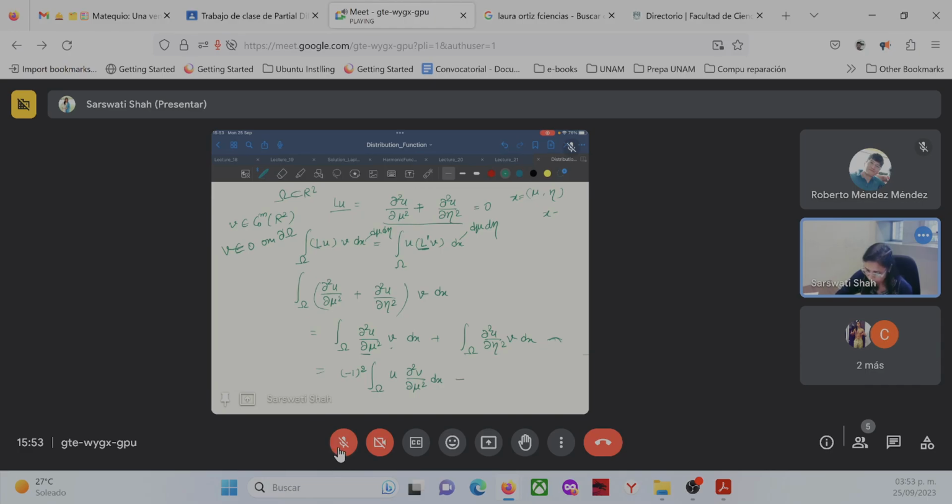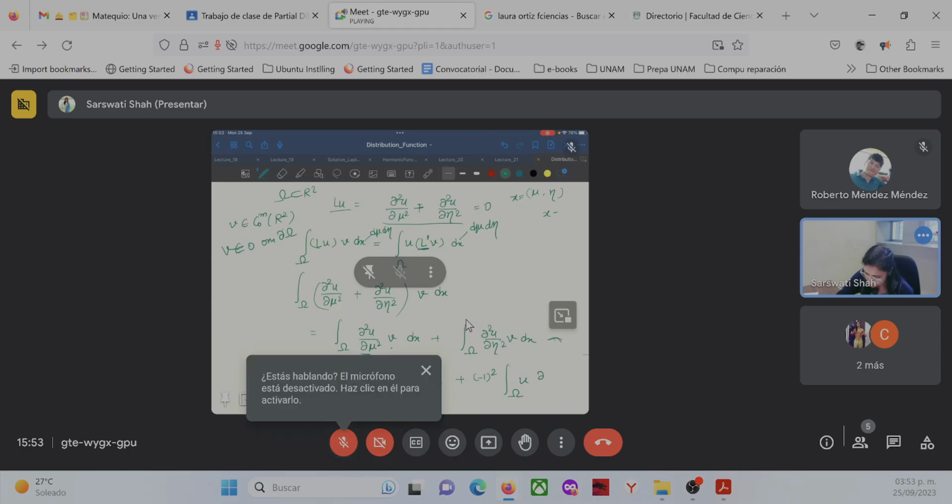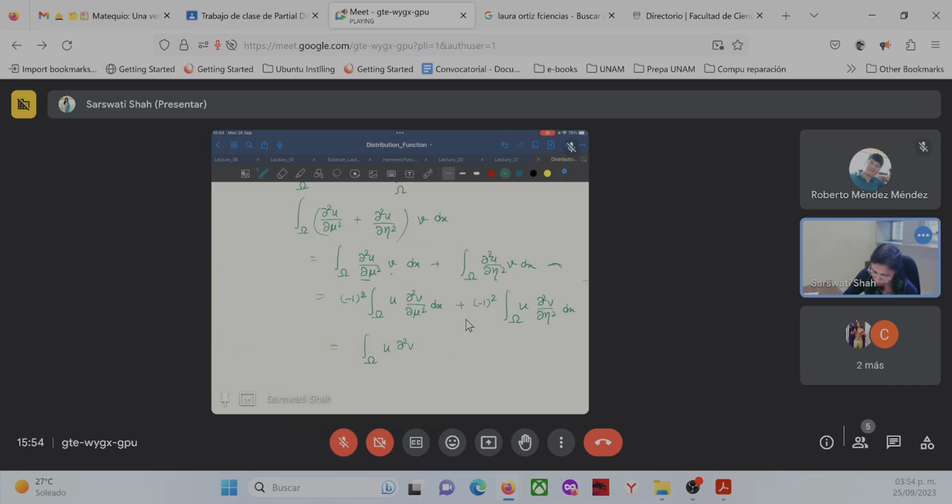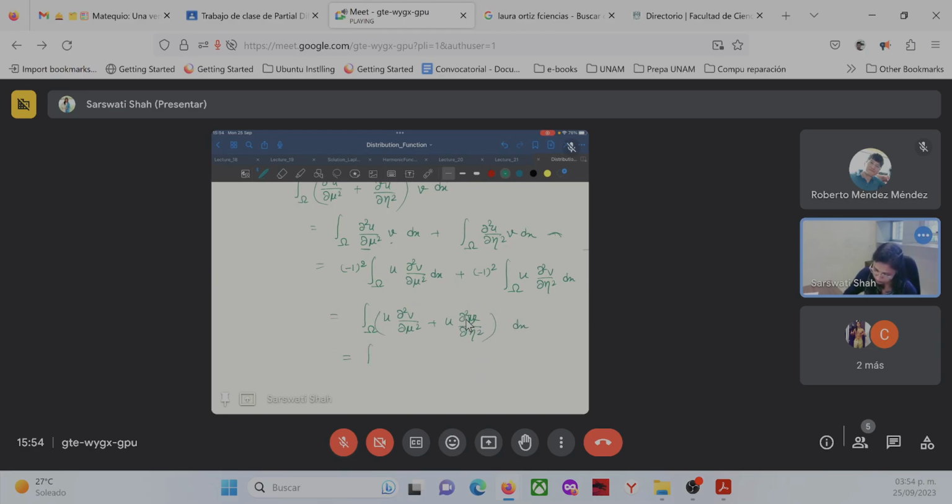-1 to the power 2 is 1. So this is L dash.